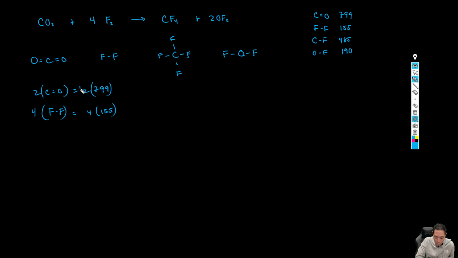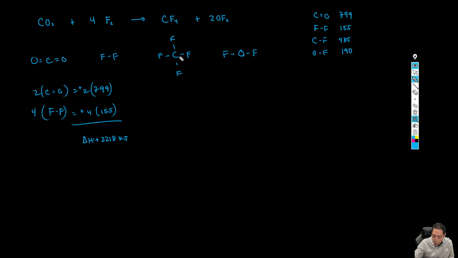Remember, both of these are going to be positive because we are breaking bonds, so it's going to require energy to break those bonds. So 2 times 799 plus 4 times 155, and it gets me delta H of a positive 2218 kilojoules.